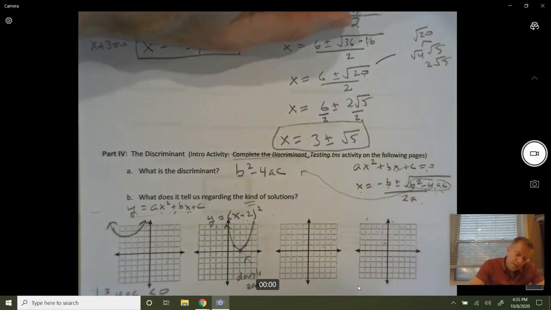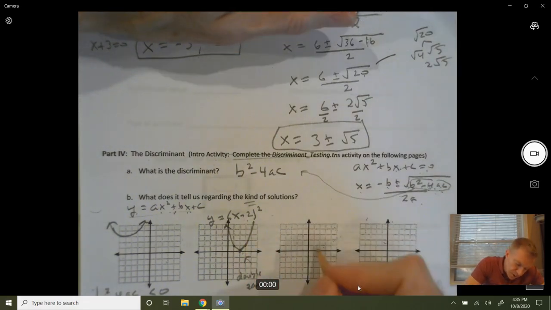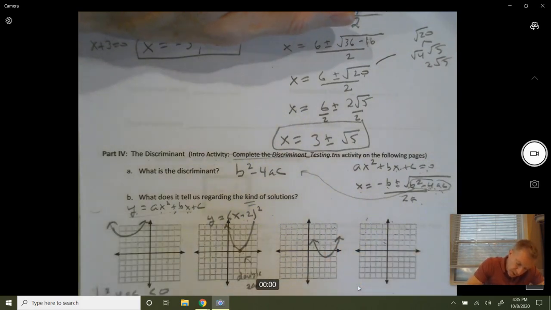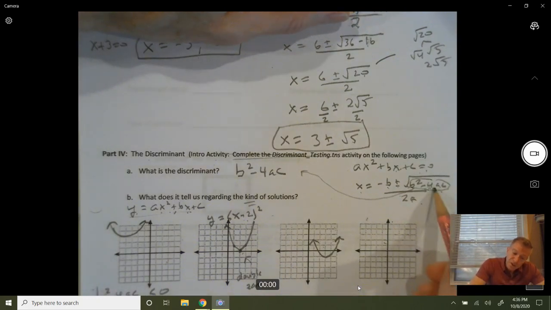And then you have your regular parabolas where b squared minus 4ac is greater than 0. When this is greater than 0, you end up with plus or minus two different numbers. You get two real solutions.